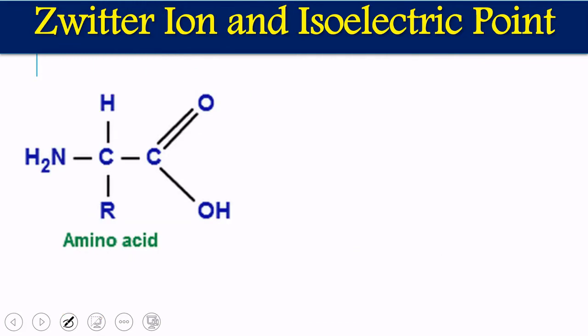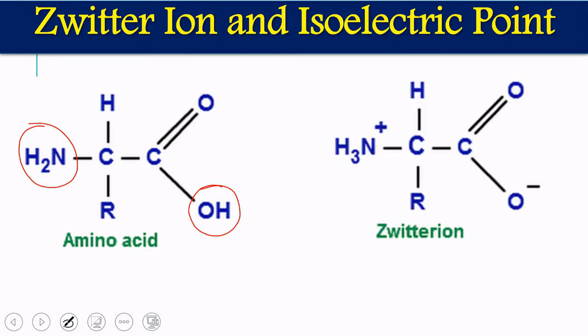Then another property of amino acids is the formation of zwitterion and the isoelectric point. If you see, this is an amino acid with a COOH group. Normally this is the non-ionized structure, where the COOH group and NH2 group are unionized. But sometimes, if we change the pH, it will exist in the unionized form in only some cases; otherwise in most cases the amino acid exists in the ionized form.